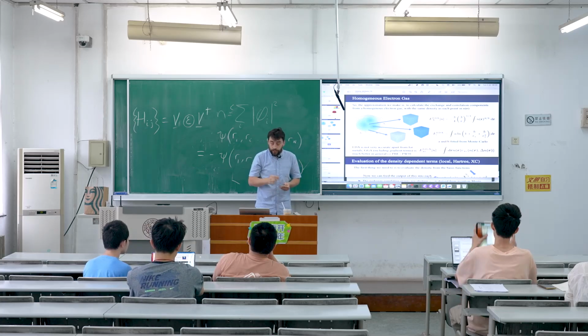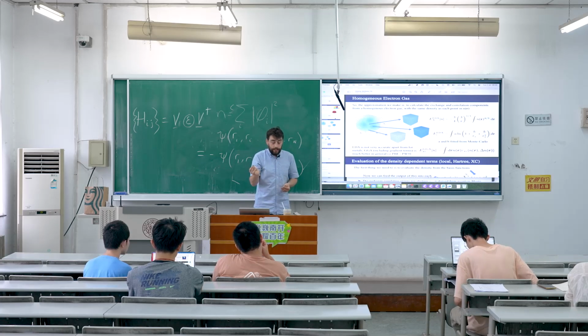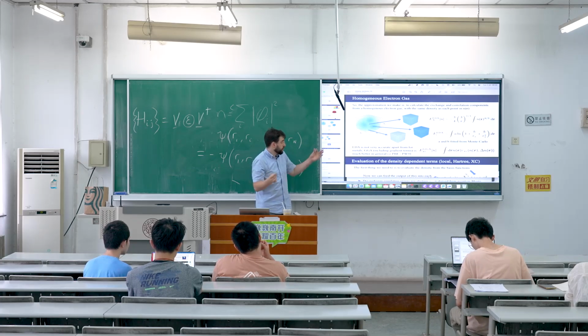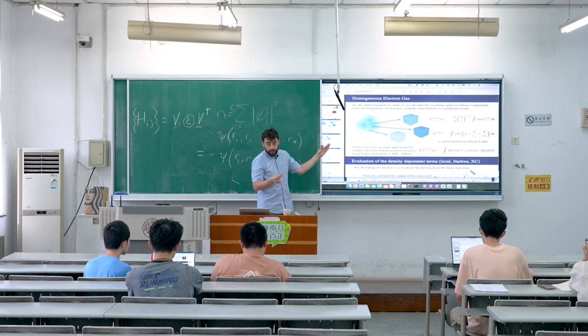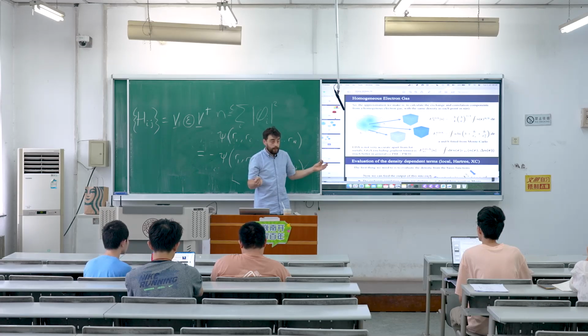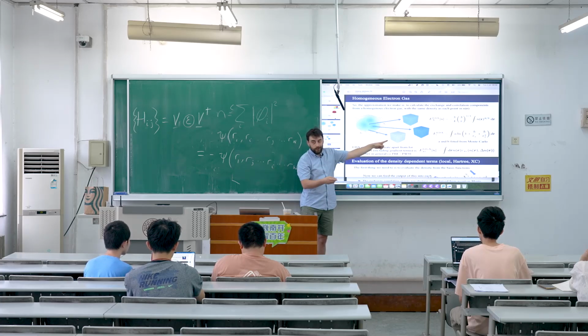But effectively, to get the exchange, all you do is say, I have a homogeneous electron gas, and I'm going to represent that homogeneous electron gas in terms of, say, a plane wave basis. So how do you represent a constant with a plane wave basis? You just need to Fourier transform a constant.